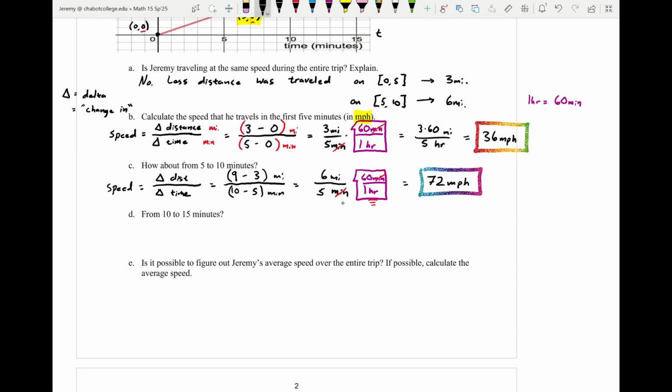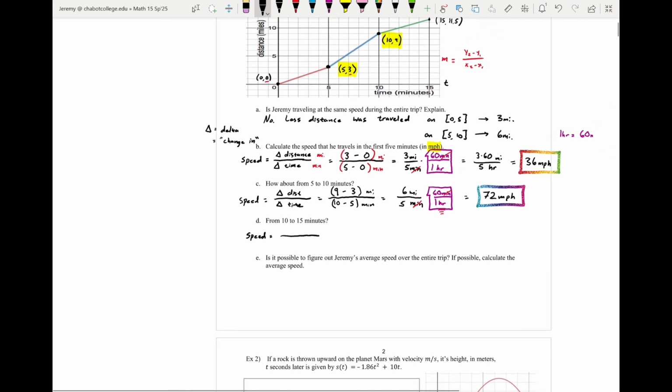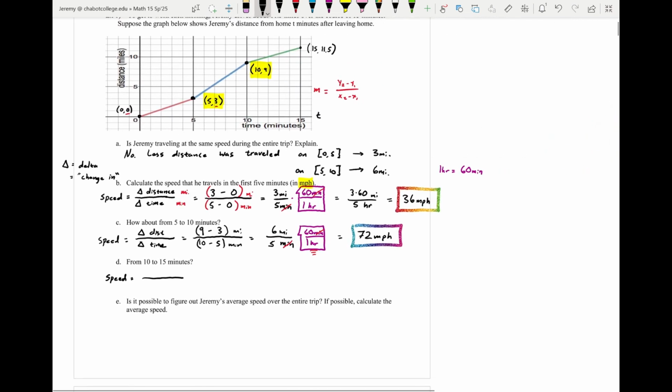Okay, and then the last interval for part D from 10 to 15 minutes. The speed will be change in distance over change in time. I'm just going to jump straight to it. Here, the two ordered pairs we'll use will be the last two. So I'll do in the numerator 11.5 minus 9.